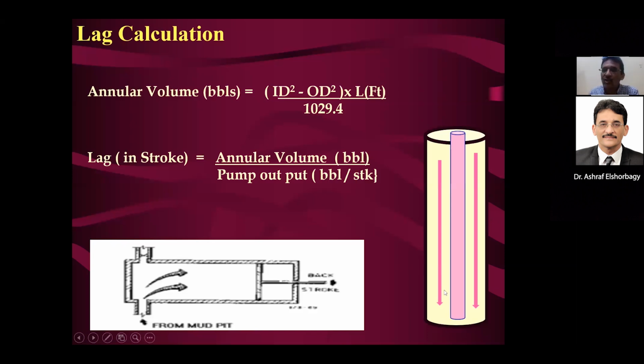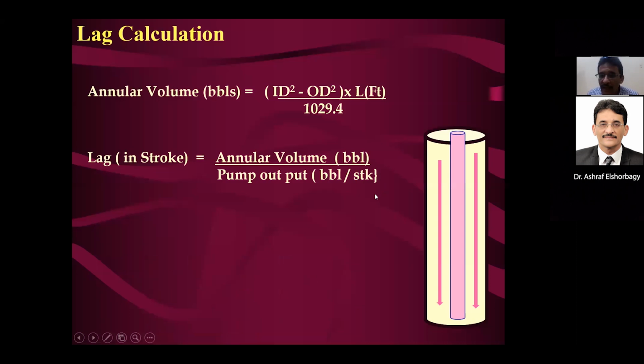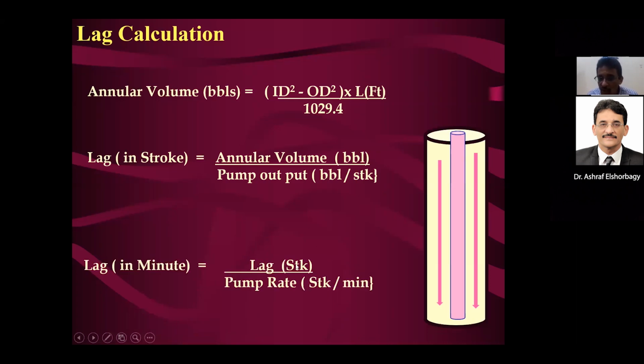How many strokes of the pump to move the cutting from the bottom to the surface? If we need this lag by time, we take the value of the lag stroke, say 10,000 strokes, and divide by the pump rate. What is the meaning of pump rate? How many strokes per minute the pump is moving.